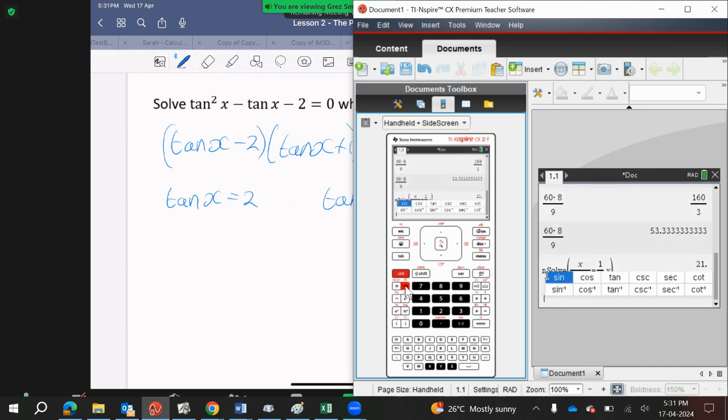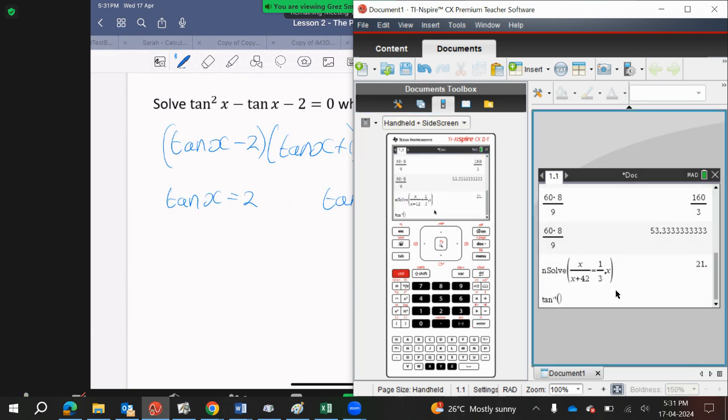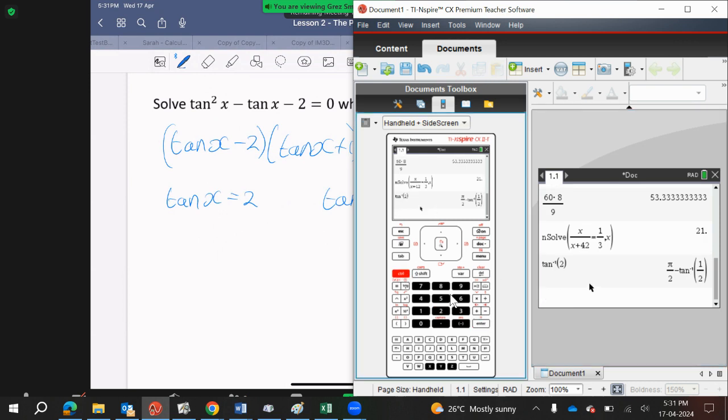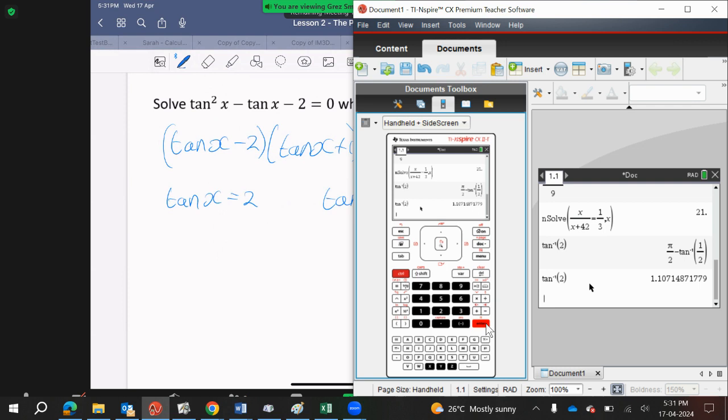And then I want the arctan of 2. So x equals 1.11 plus n 2 pi.